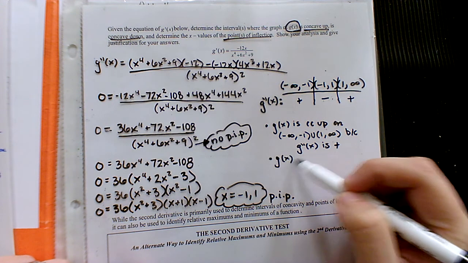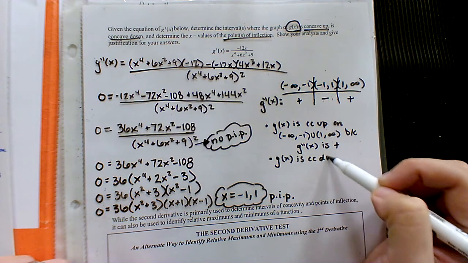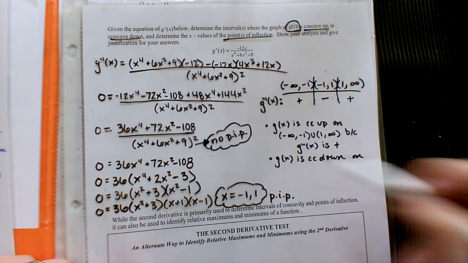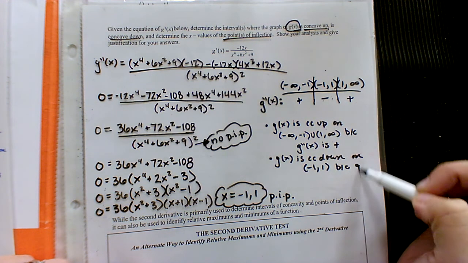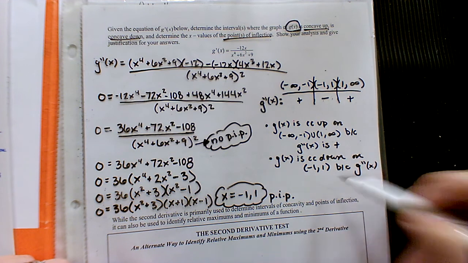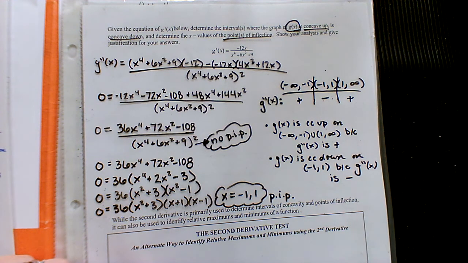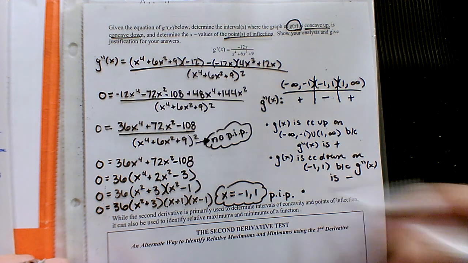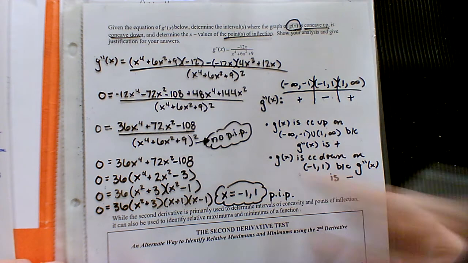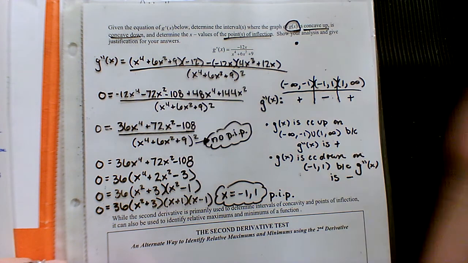All right, G of x is concave down on -1 to +1 because the second derivative is negative. Running out of room, so I'll go to the top here.